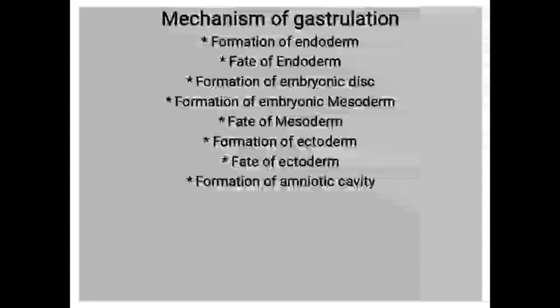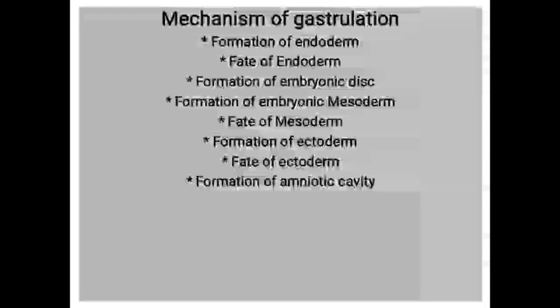Now, the formation of amniotic cavity. The amniotic cavity is a space which appears between the ectoderm and the trophoblast, and it gets filled with a watery fluid called amniotic fluid.